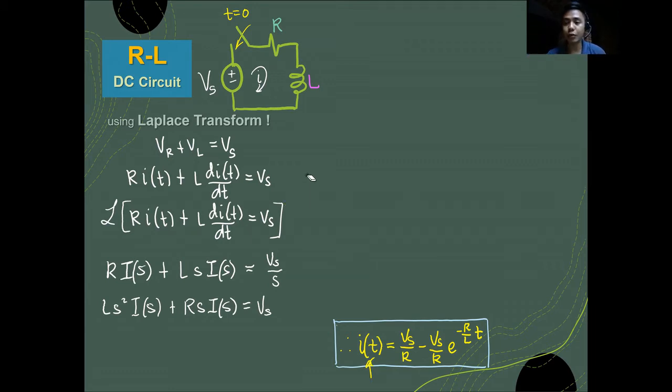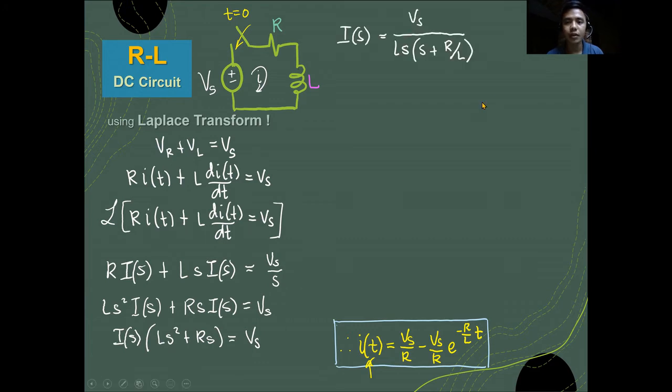We transform the time domain into the frequency domain, and then you get I(s). You see Ls squared plus Rs I(s) is equal to Vs. Our goal is again to get the variable I(s), which is in the frequency domain and not anymore in the time domain.